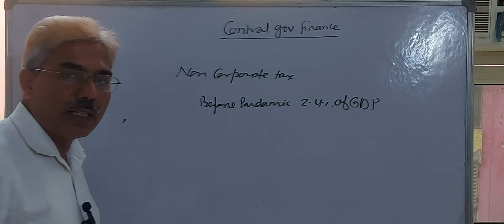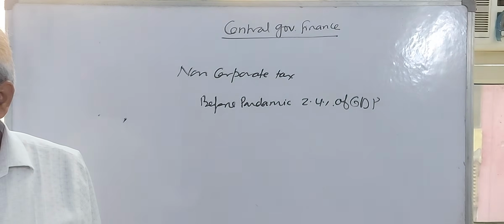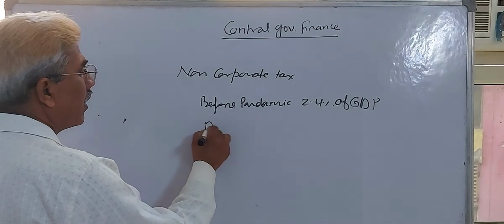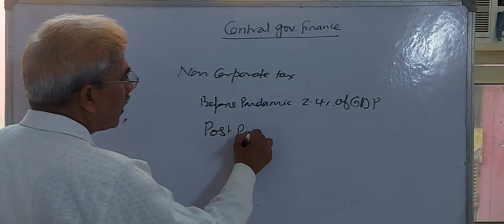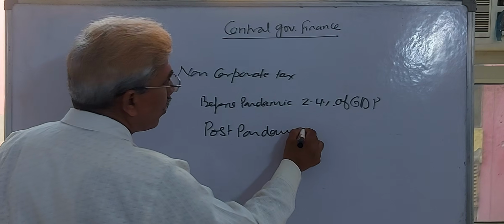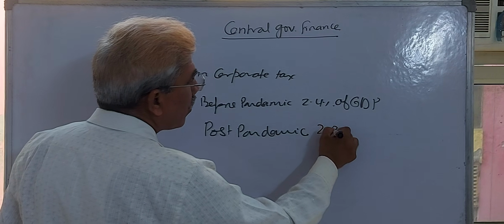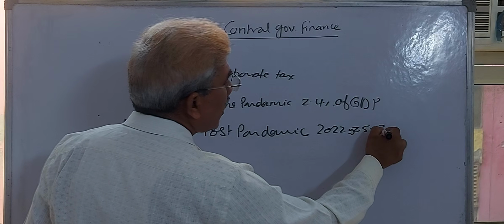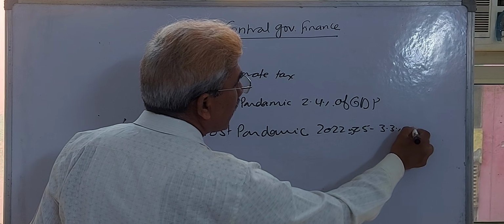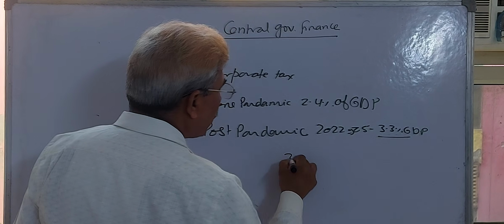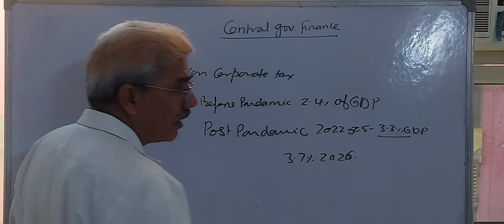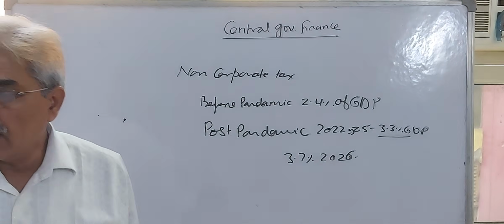I will also explain the rationale for it. Post-pandemic, from 2022 to 2025, it increased up to 3.3% of GDP. It further improved to 3.7% of GDP during 2026.